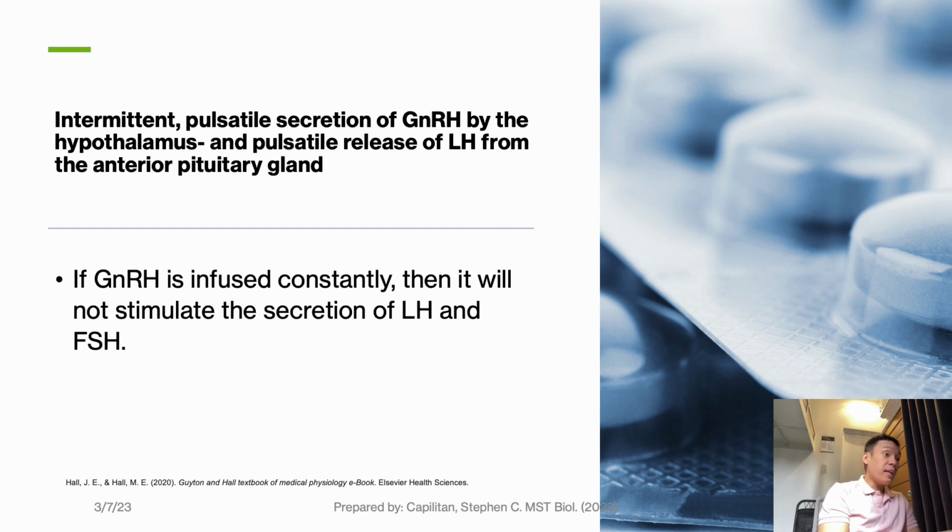When GnRH is infused constantly, it will not stimulate the secretion of LH and FSH. So generally, if there is an intermittent secretion of GnRH by the hypothalamus, there will also be a pulsatile release of LH from the anterior pituitary gland.